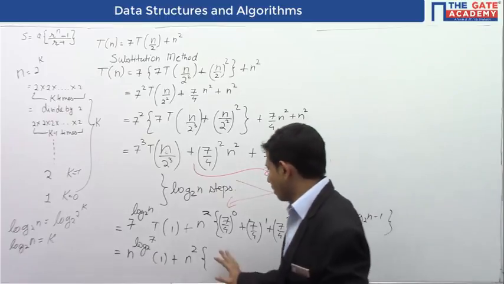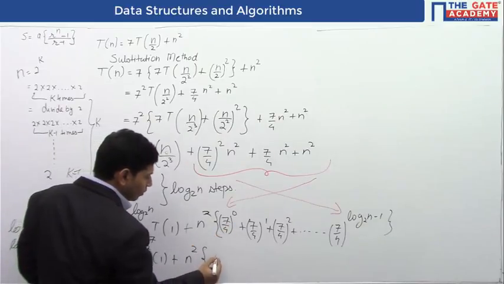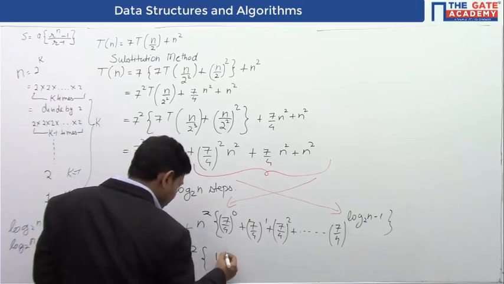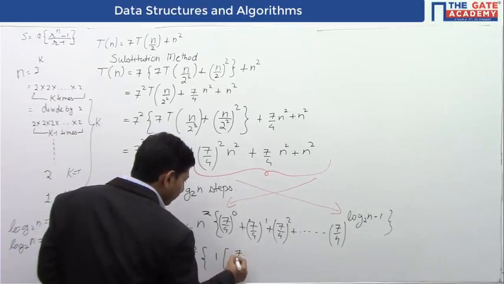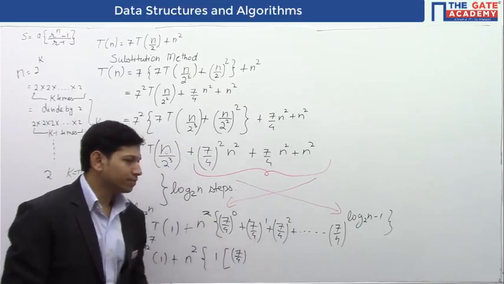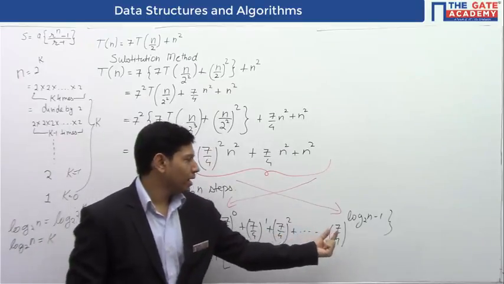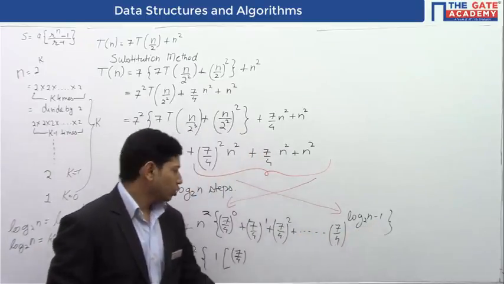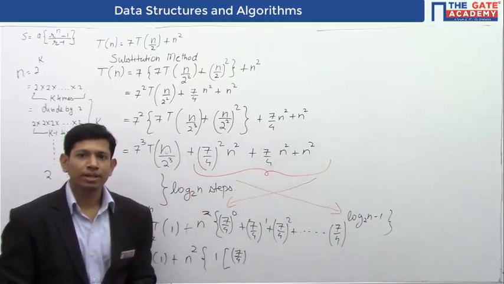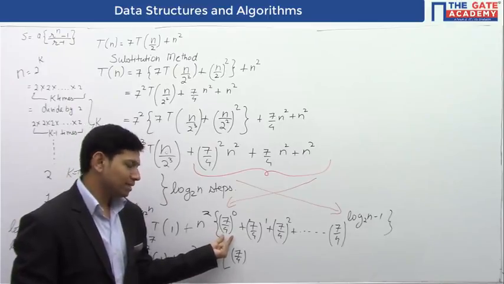So let's put this formula here. A is 7 by 4 raised to the power 0, which is 1, into R raised to power n, so 7 by 4 raised to the power n. Now what is n? N is the number of terms. So how many terms do we have? See, 1, 2, 3, and so on up till log n base 2 minus 1. So from 1 to log n base 2 minus 1, we have log n base 2 minus 1 terms, plus this one more term, the 0th one.